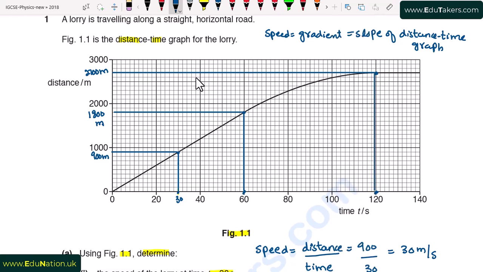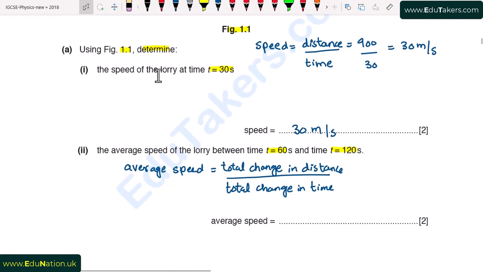Now I also join this point on the time axis. Now we have to find the average speed between t equal to 60 and 120 seconds. So I write here: when time is equal to 60 seconds and when time is equal to 120 seconds, distance here is 1800 meters, while here distance is 2700 meters. These values we have found from the graph.